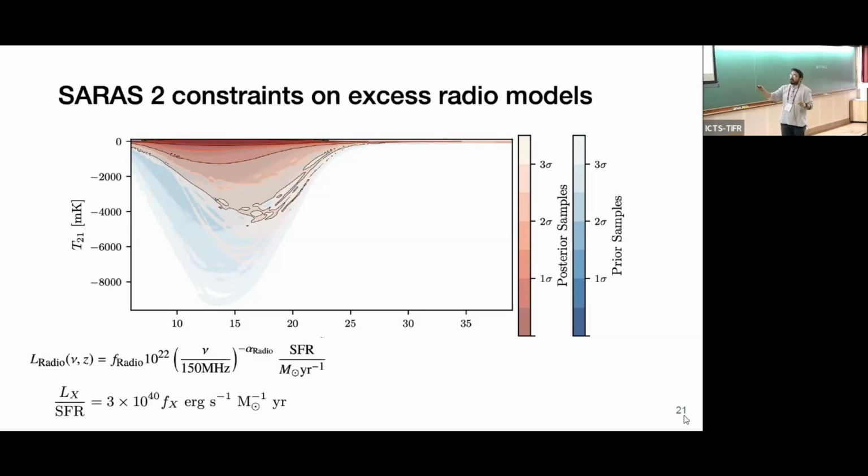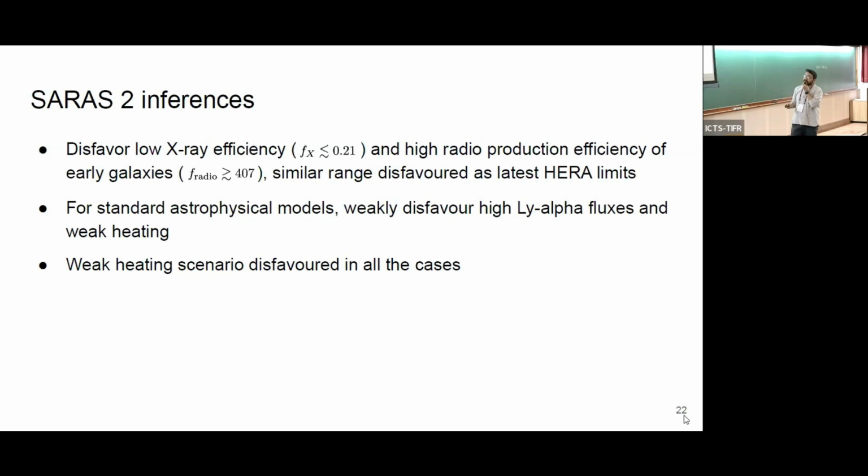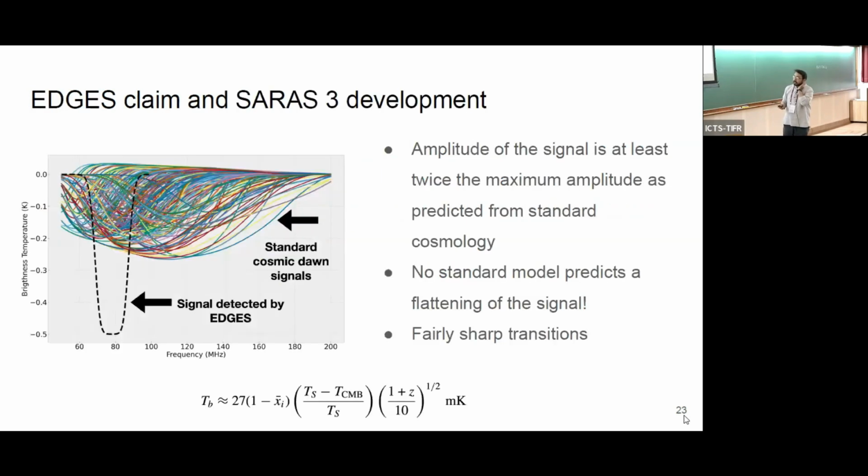And with SARAS 2 data, we could rule out a good chunk of this and actually could constrain the luminosity parameters of the early universe. So we're placing limits on how poor can the X-ray efficiency be and how high can the excess radio be for these kinds of models. So that was SARAS 2.